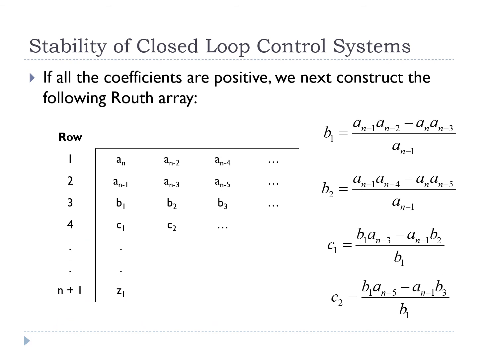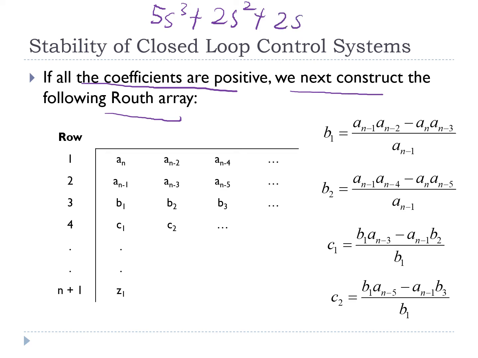Next, if all the coefficients are positive, we next construct the Routh array. So now, if we have 5s^3 plus 2s^2 plus 2s plus 1 plus Kc, all the coefficients are positive, so you can next construct the Routh array.